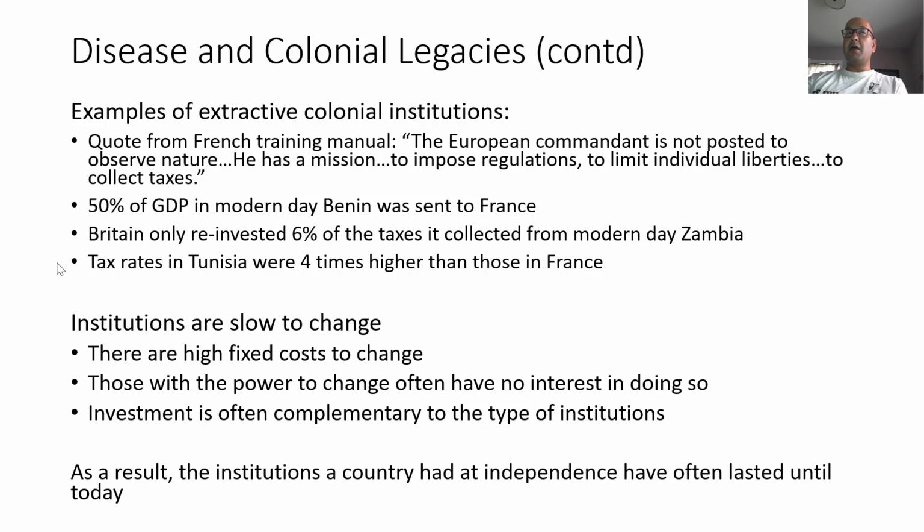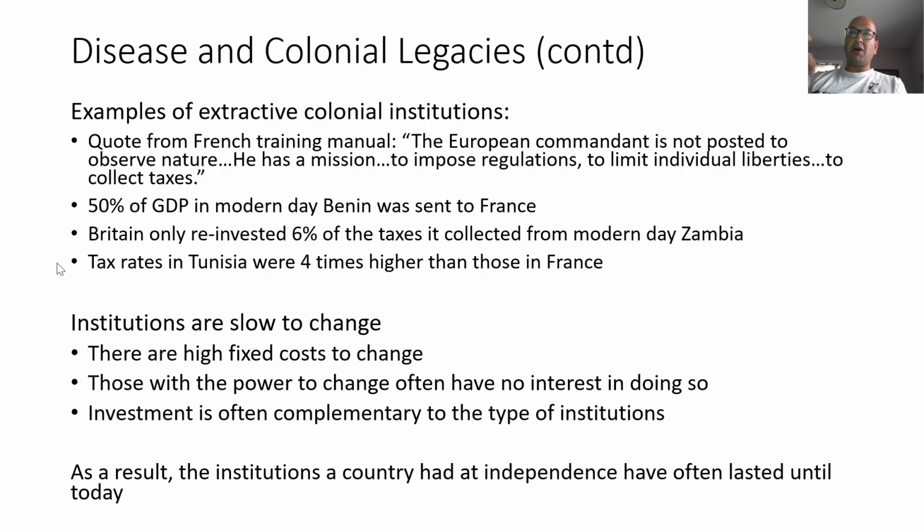Now, perhaps more importantly, those who have the power to change institutions oftentimes have zero interest in doing so. So if you think about an authoritarian state, a former colony gains independence and maybe there's some populist revolution, but usually whoever took over is not necessarily taken over as an open and free democracy. They generally run fairly authoritarian states, and an authoritarian state benefits from the kind of extractive institutions that were set up during the colonial era.